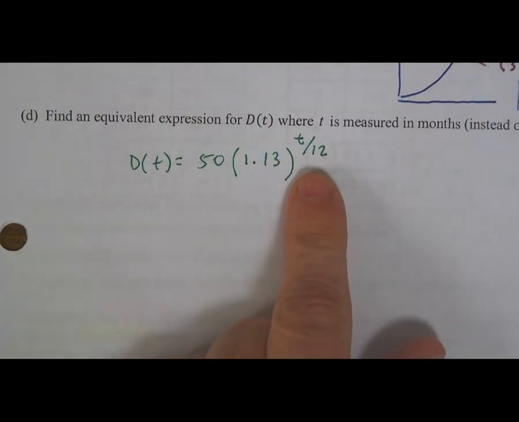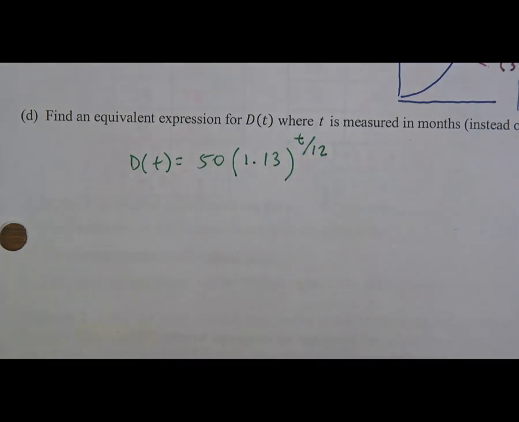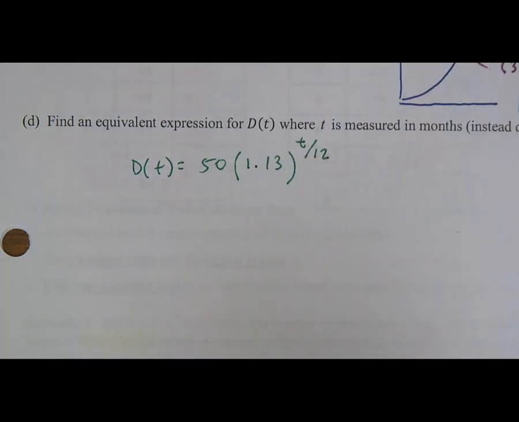Because my brain was saying, well, if you want to convert years to months, you multiply by 12, so why the heck are we dividing? Well, T is in months. So for 72 months, divide that by 12, and that would be 6 years.